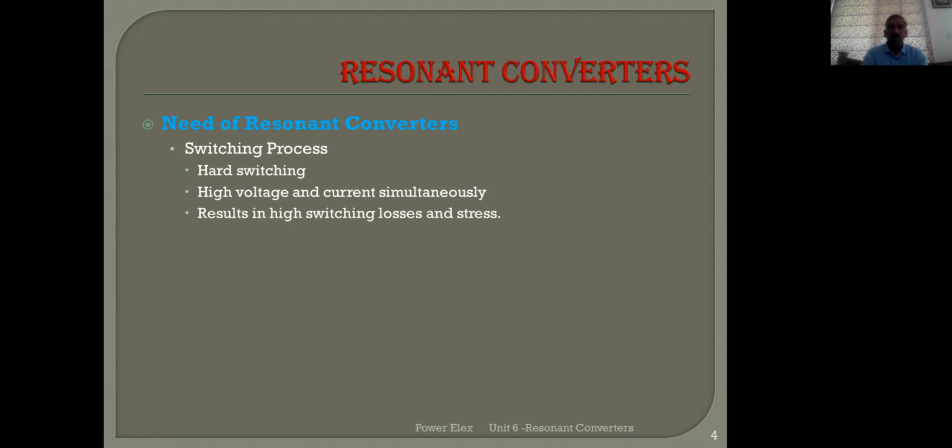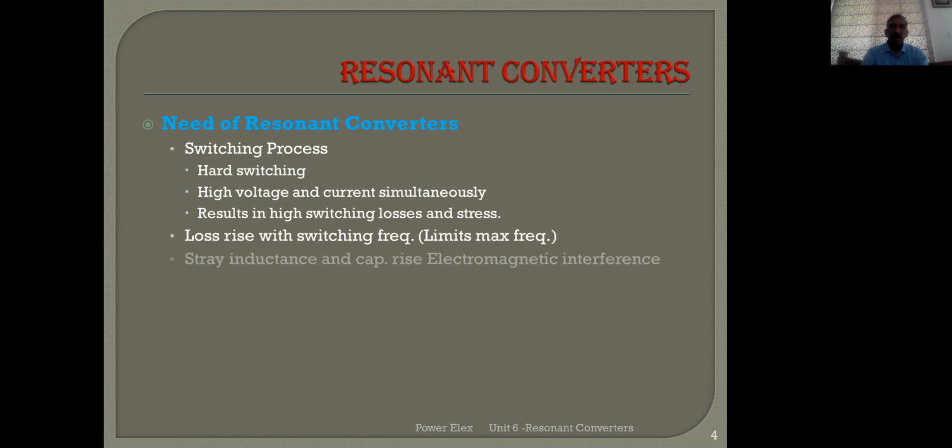The opposite of this is soft switching, where voltages and currents are at their minimum level during the switching. But in the hard switching process, the switch exhibits high current and high voltage simultaneously. So naturally the switch is under stress.